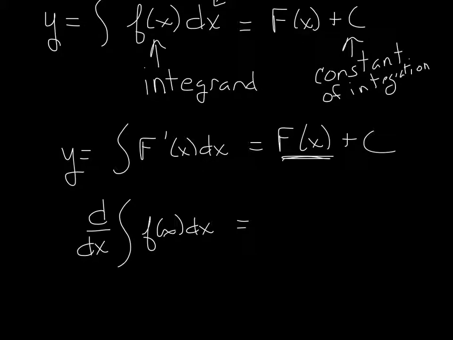Just f of x. We don't have to put the dx. It's just going to be f of x, because these two undo each other. They cancel each other out. Like multiplication and division undo each other. They're inverses of each other. But cancel each other out is a good way to say it.